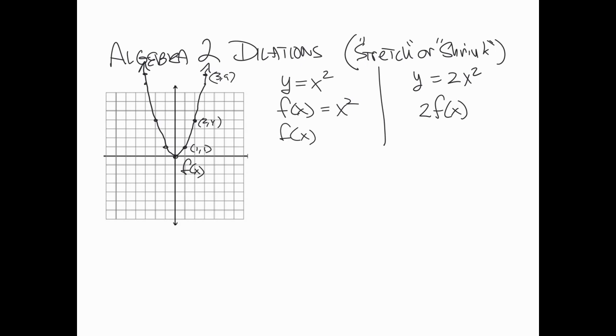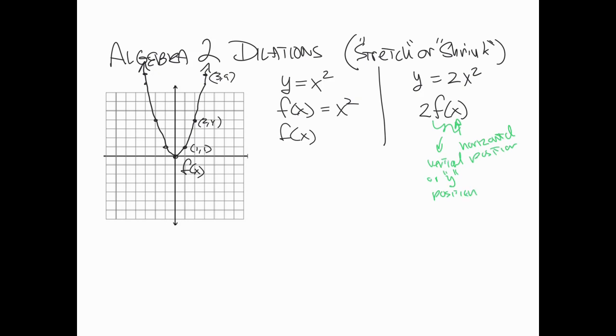Okay, well, here's how you think about this. Remember, the input to this function is representing the horizontal position, and the output of the function, once you process that input, is the vertical, or y, position.